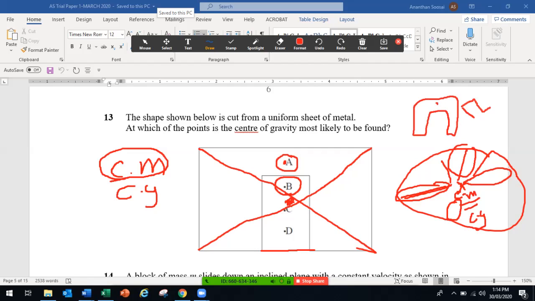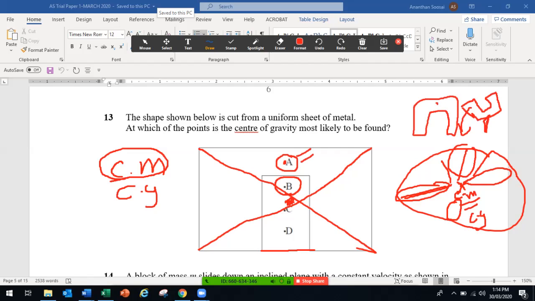I put it like this shape, and you put your finger here. Okay, you're going to collapse. So center of gravity is the point where you can balance it. So at A, definitely you can't balance it over there. So the center of gravity for this body is out of the object.